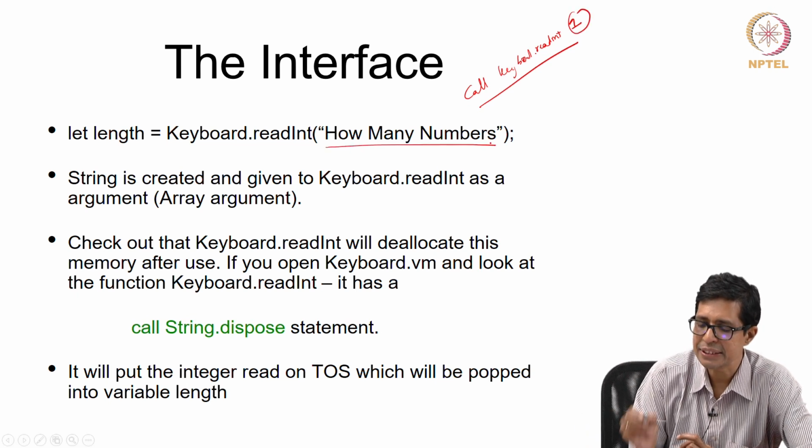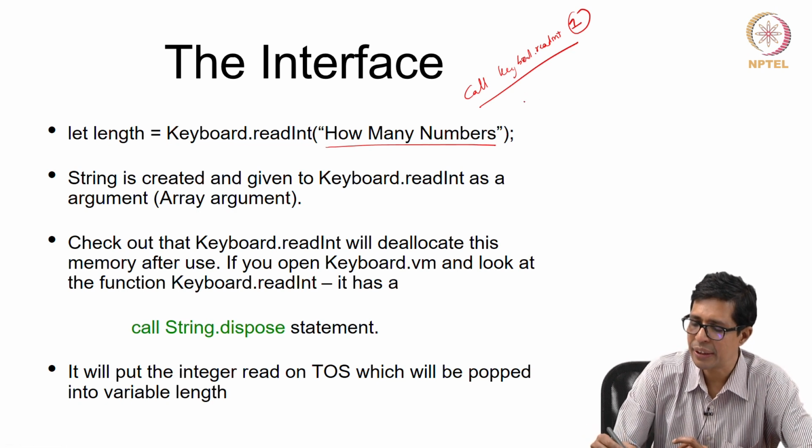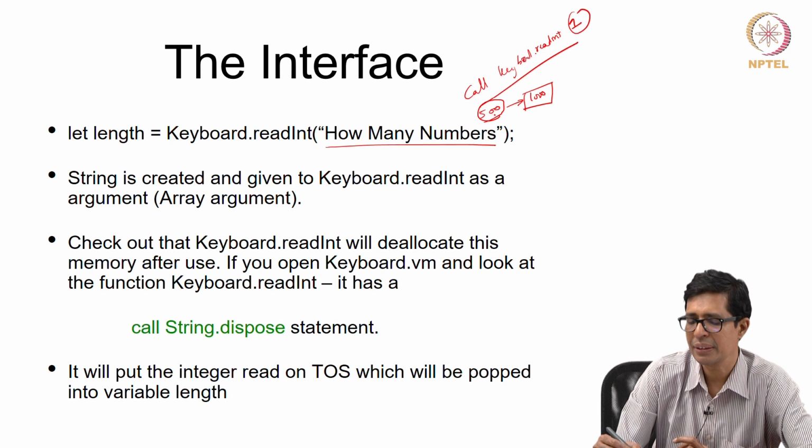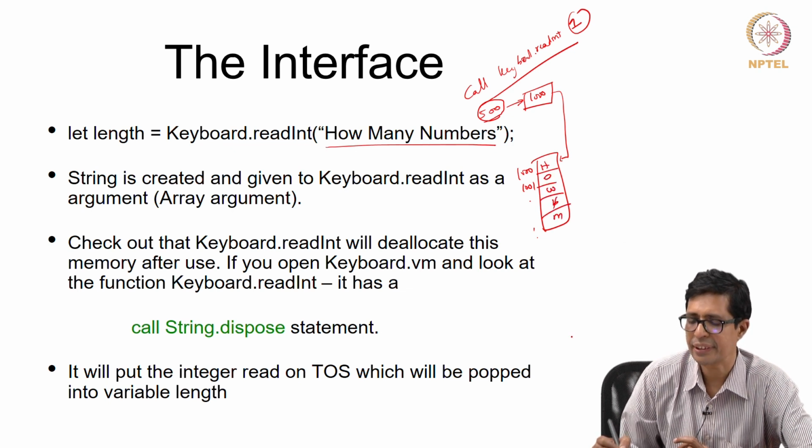This is going to be a string constant. So, this parameter will be a memory location, say 1000. There will also be a memory location which is 500, for example. On 500, what you will see? You will see a link to 1000. From 1000 onwards, 1000, 1001 like this, we will have H, O, W, blank, M like that.